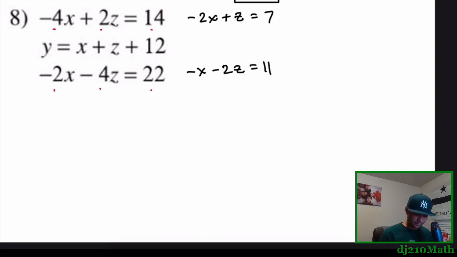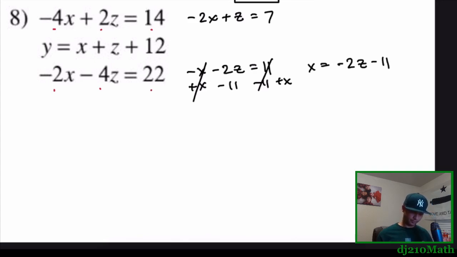Okay, so here I'm going to add x and subtract 11 from both sides. So x cancels, and x is all alone on the right. So x is equal to negative 2z minus 11.